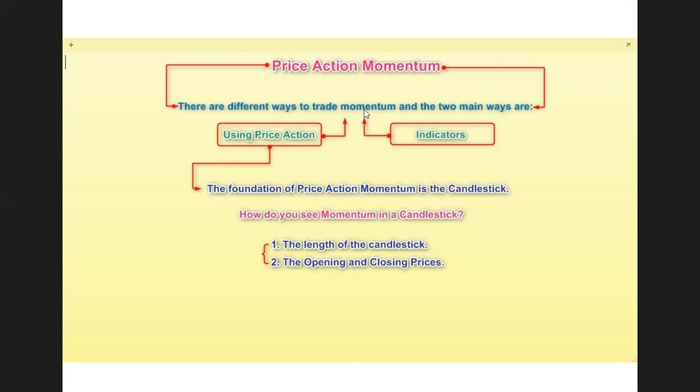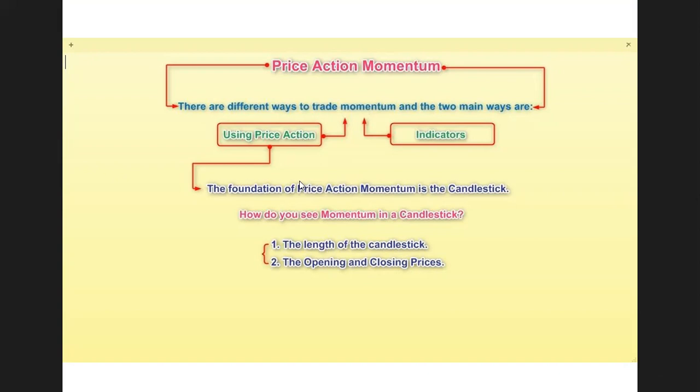Okay, in the price action, we can measure this momentum from two things: one using price action and another indicator. So what is an indicator? Indicator is a data from the movement of the candles. So the indicator suggests to us that the price movement is getting slow or getting strong.